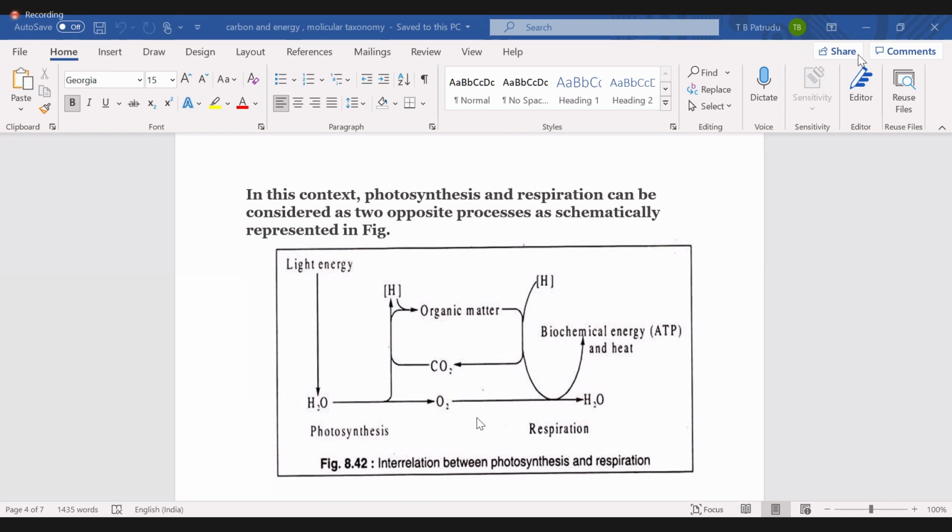In respiration, carbon dioxide is released. In photosynthesis, carbon dioxide is utilized and oxygen is released. The released oxygen is used in respiration. This is the photosynthesis, and here it is the respiration.